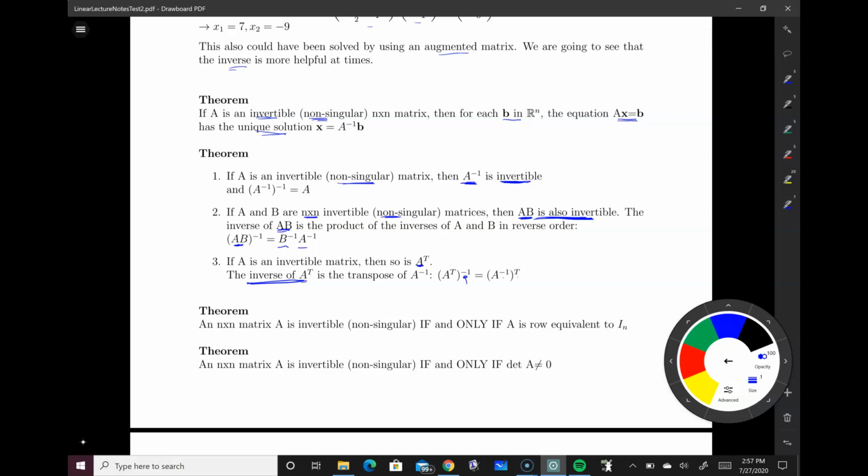If I know that A is non-singular, invertible, that gives us the information that, if and only if, A is row equivalent to I_n. That means if I did RREF with my matrix A, I would get to the identity matrix. And if it's non-singular or invertible, that means the determinant is not 0.